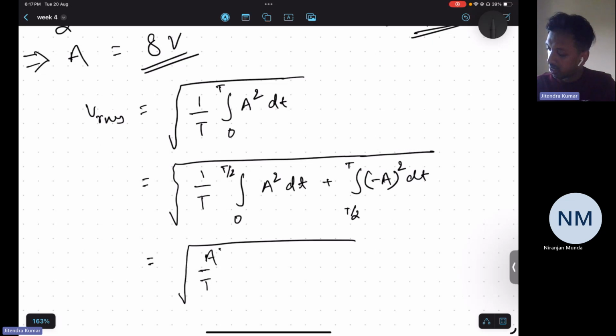A square we can take out, right? And dt will be T by 2 plus T minus T by 2.